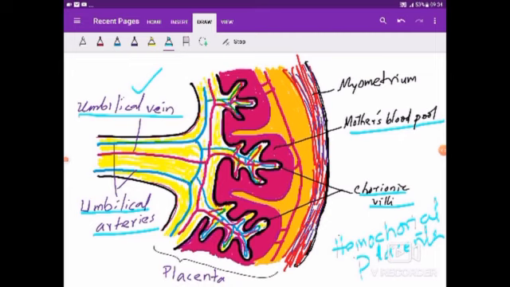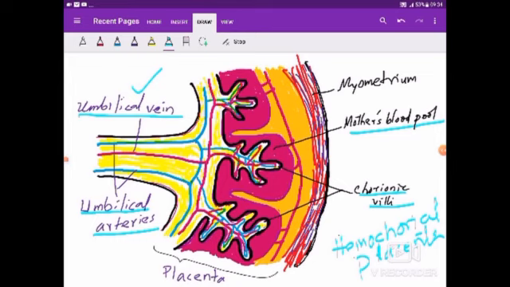So here we see that the arteries are carrying venous blood, that is deoxygenated blood, and the umbilical vein carries oxygenated blood, exactly opposite to what we see in normal human beings.